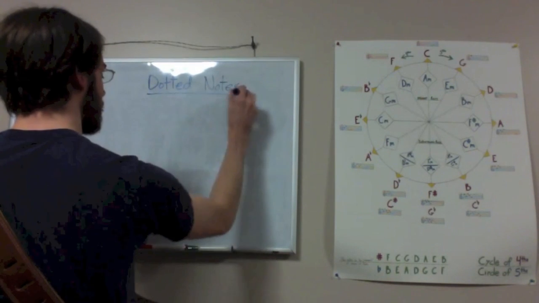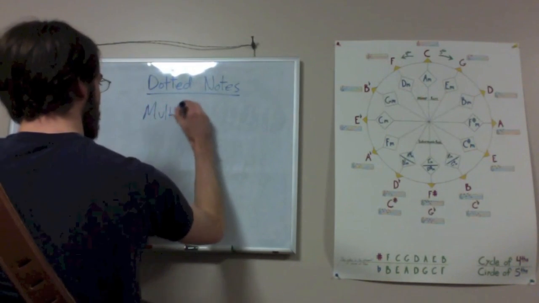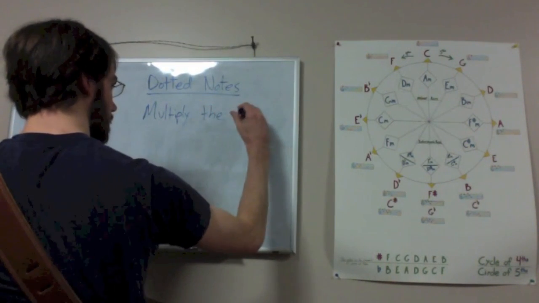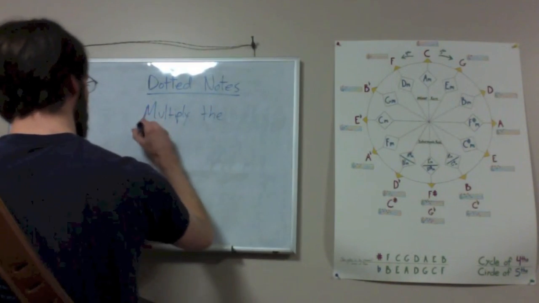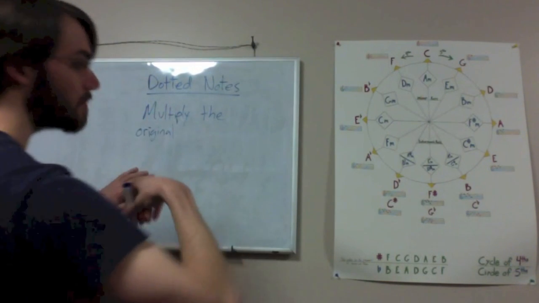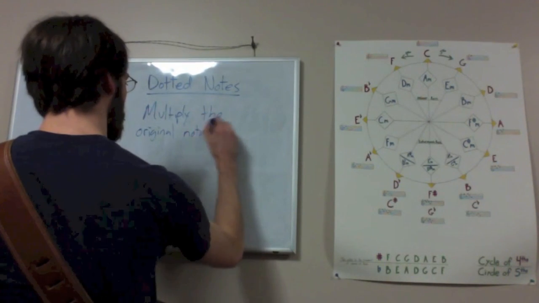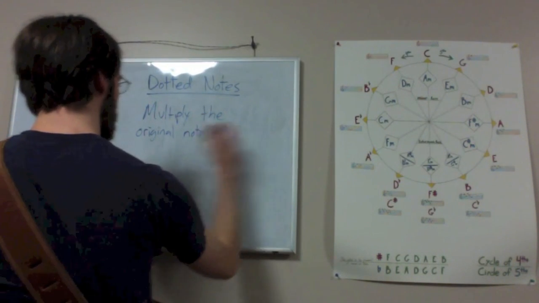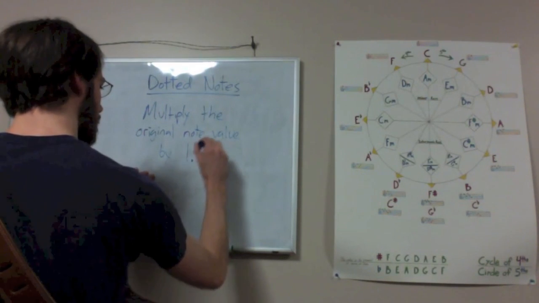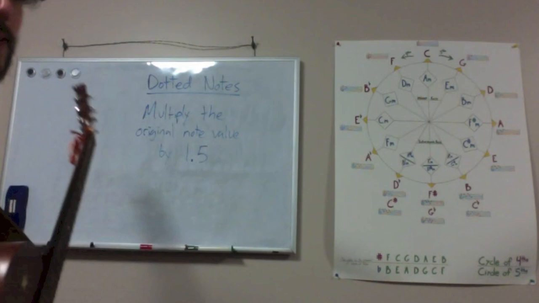And what that does is it will multiply the original note value, in other words, the number of beats that it normally takes up, by 1.5. Alright, so we're dealing with decimals now.